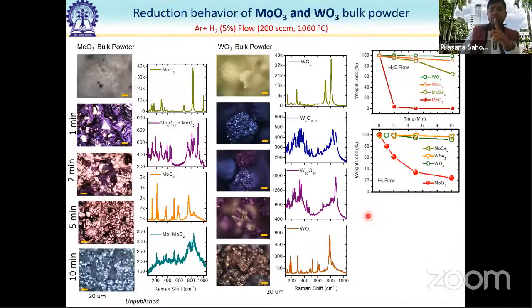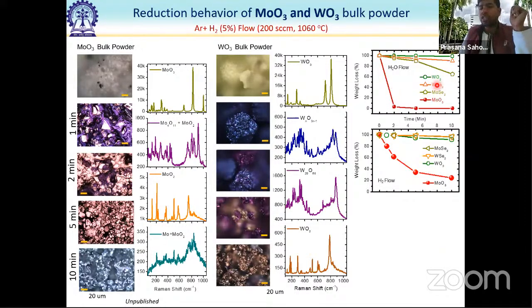Raman also gives a very good idea to validate the role of water and hydrogen. I chose molybdenum oxide, molybdenum selenide, tungsten selenide, and WO3, and interacted them with water. What you can see drastically is that in the case of MoO2, the material is effectively reduced: 99% of it just interacts with the water and evaporates immediately.